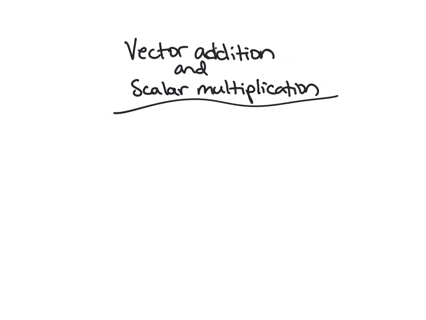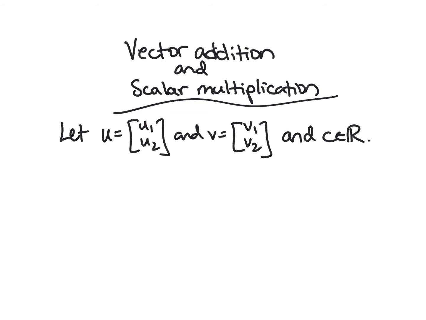All right, so now we're going to move on to the 2 operations that vectors come equipped with, and those are vector addition and scalar multiplication. Okay, so in general, this is going to work for vectors in any dimension, so this will generalize nicely, but we're just going to, for example, take vectors in the plane. So just 2-dimensional things here.